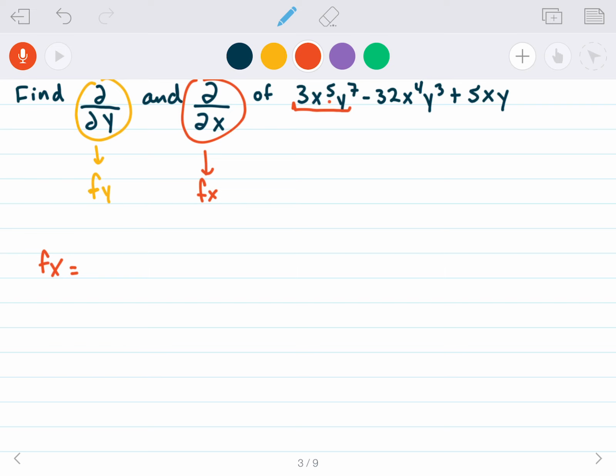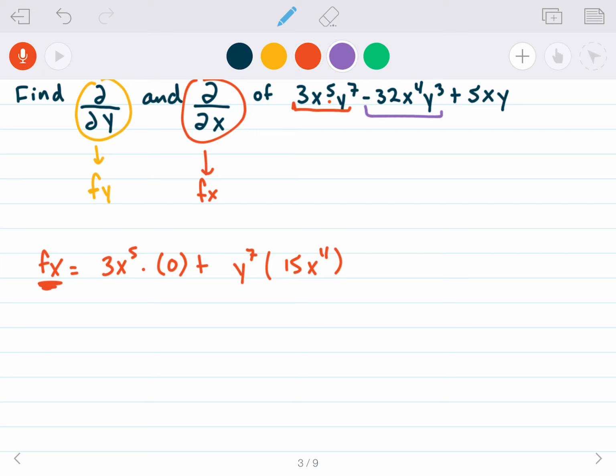So I keep the first, 3x to the 5th, times the derivative of the second, y to the 7th. Since we are looking at the partial derivative with respect to x, the derivative of anything with y in it is 0. Plus, now you keep the second, y to the 7th, times the derivative of the first. What's the derivative of 3x to the 5th? That's 15x to the 4th. So that's our first one.